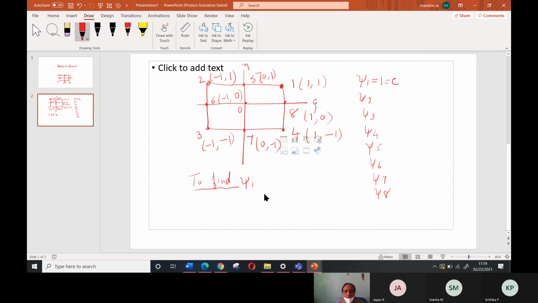Xi1. So if I take that one, this is 1, 2, 3, 4, 5, 6, 7, 8. So I can leave this one and I have to cover the remaining nodes. So I can take this line and I'll draw it in another color.